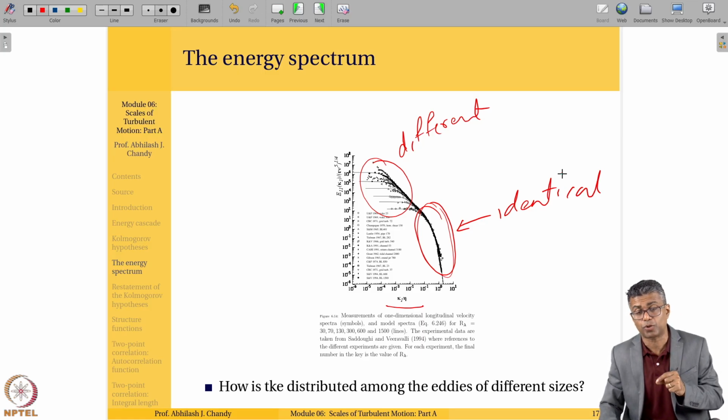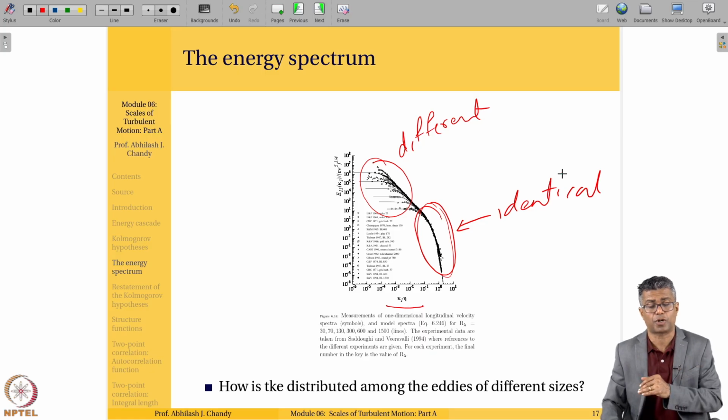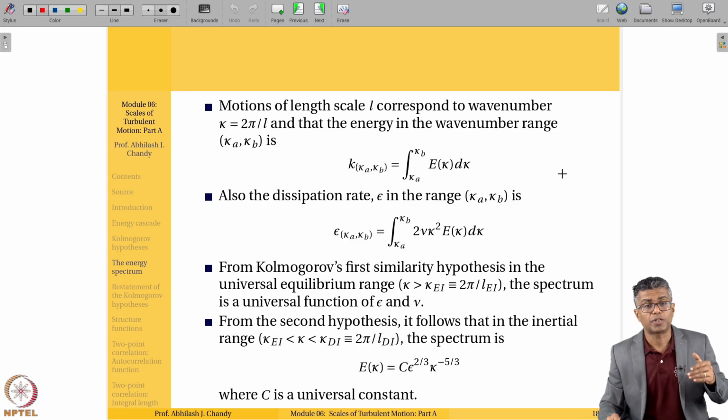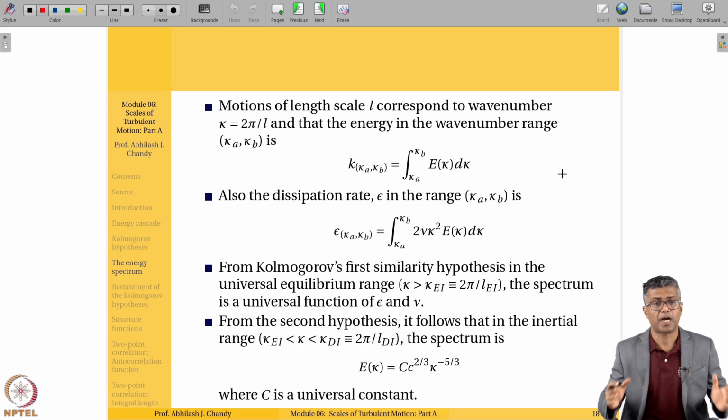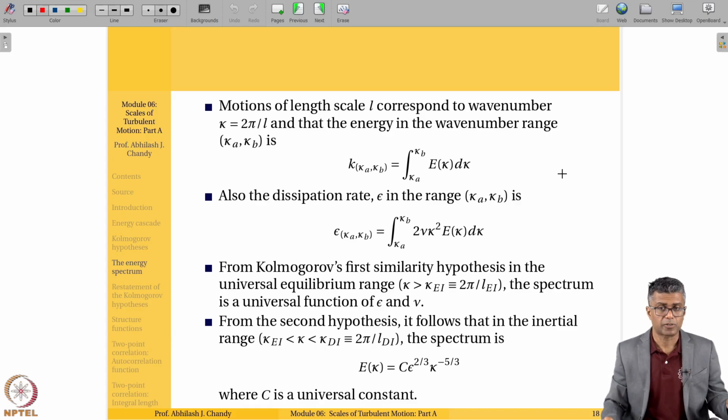But the additional point I'm trying to make through this graph is about how the turbulent kinetic energy is distributed across the eddies. For that, we need to think about the spectrum as some kind of a function. And now you have to start thinking differently from the length scales.